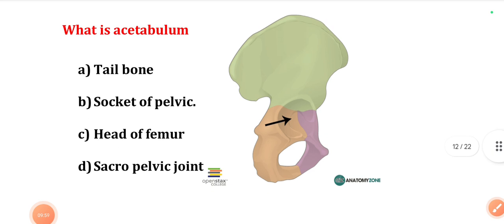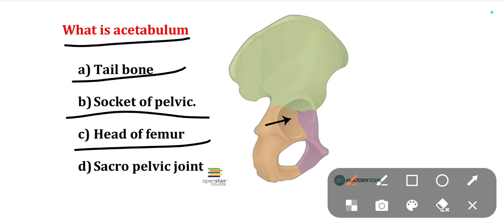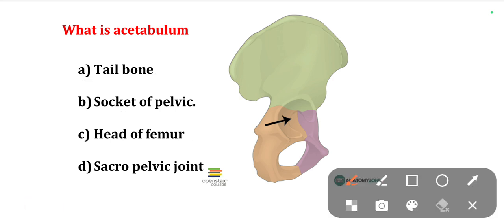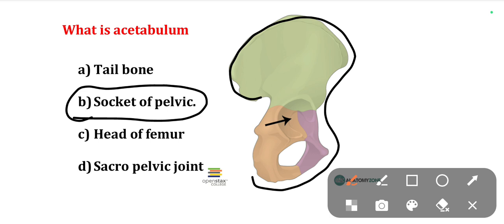So the next one is, what is acetabulum? Options are tailbone, socket of pelvis, head of femur, sacropelvic joint. The right one is socket of pelvis. So here you can see the pelvis, one part of the pelvis, and here you can see the socket.